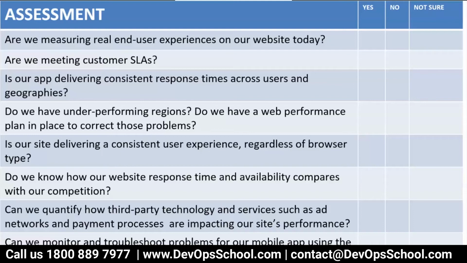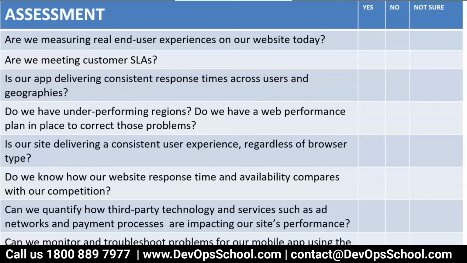Yes, no, not sure. SLA is an agreement between your company and the end users of your applications. So are you meeting the customer's SLA? Yes, no, not sure. Is your app delivering consistent response time across users and geographies?